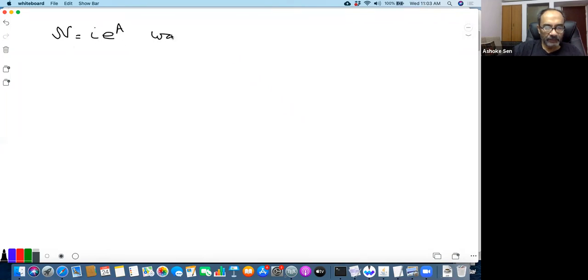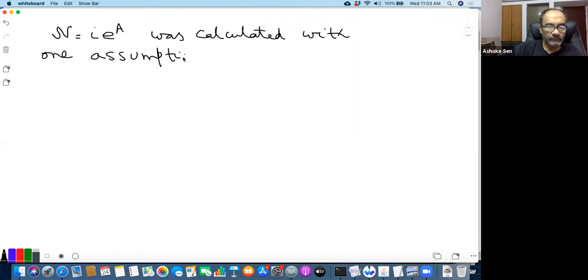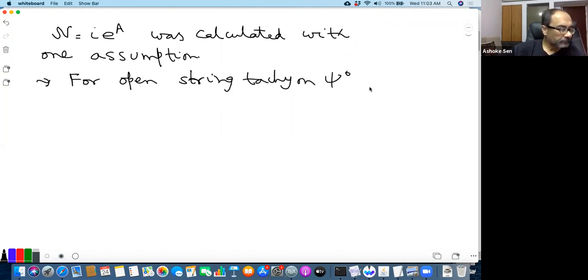This was calculated with one assumption, and that assumption was that for the open string tachyon, which we call psi 0, we integrate over half of the steepest descent contour.